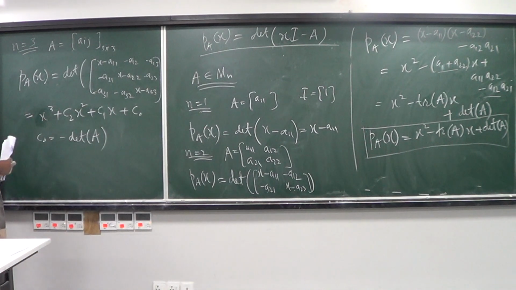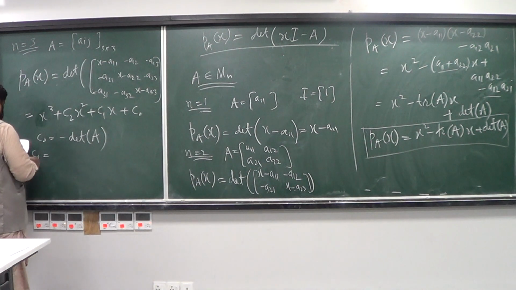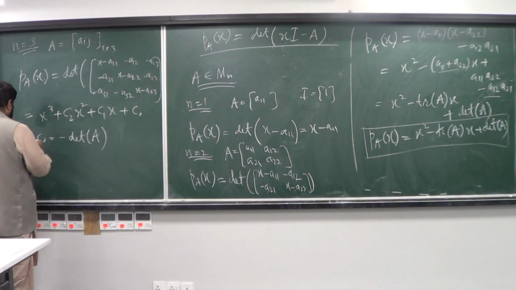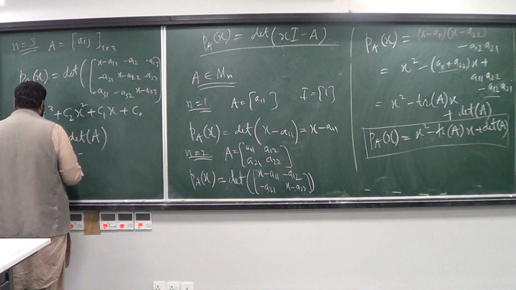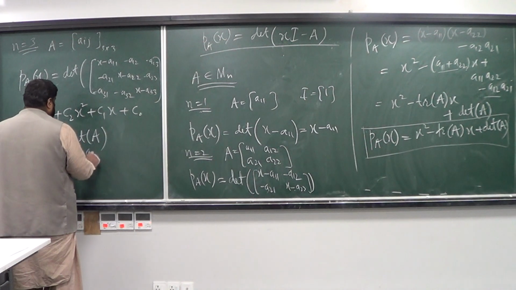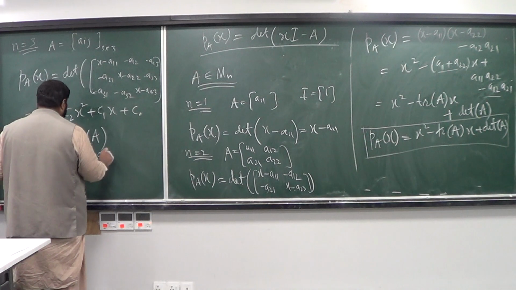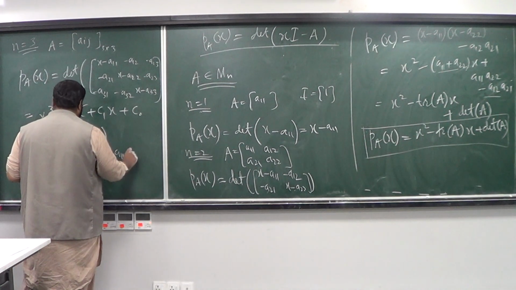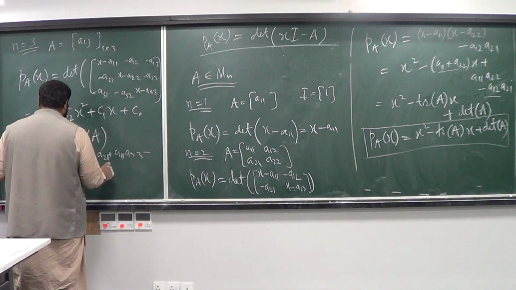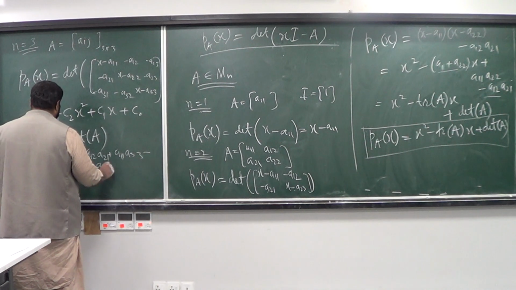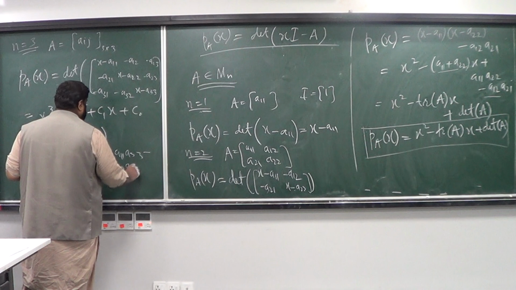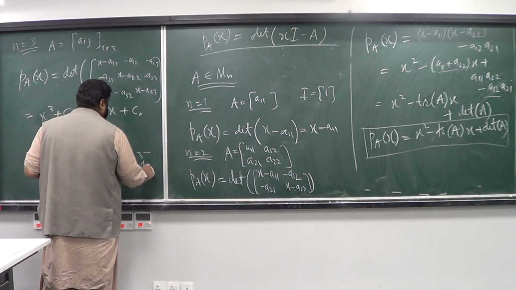So if n is 3, c1 is a big number. It goes like A11 A22 minus A12 A21 plus A11 A33 minus A13 A31 plus A22 A33 minus A23 A32.